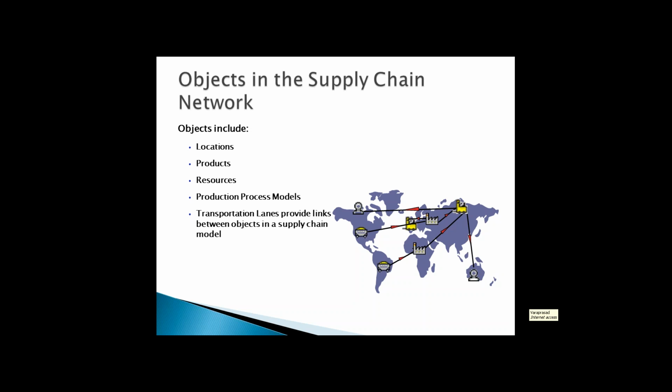That link is nothing but a transportation line. The same way, maybe my processor I am purchasing from Intel, so that vendor and location. All these locations, if you want to have a link in between the locations, that will be treated as a transportation line in SNP.